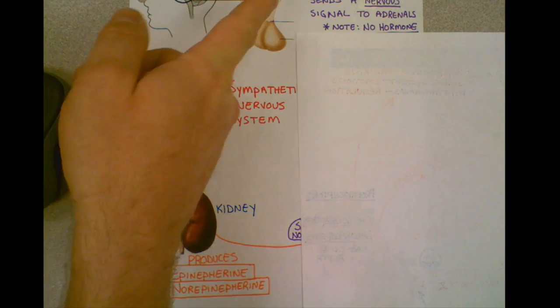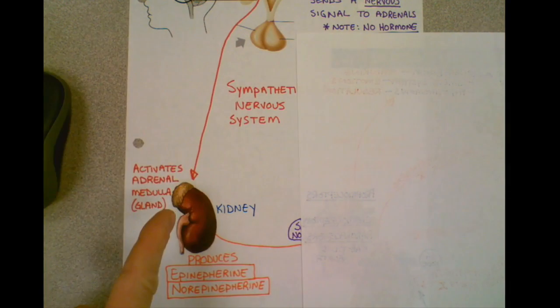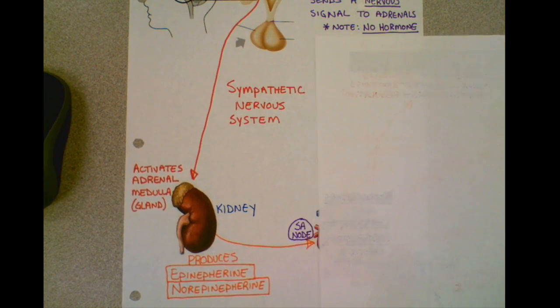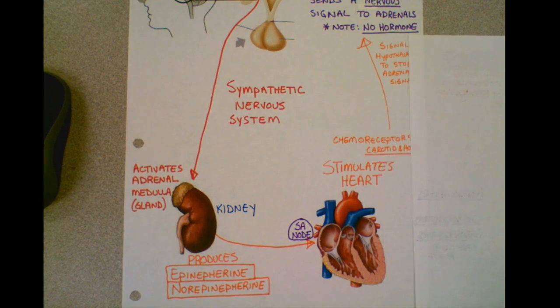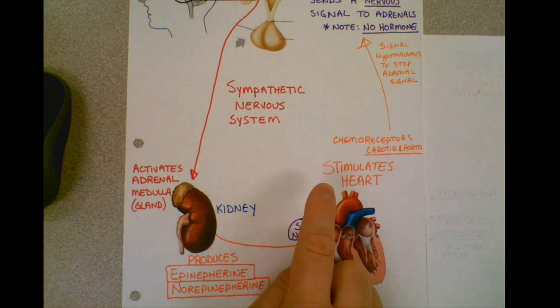So we get a nerve signal coming down to our adrenal glands. That tells the adrenal glands to produce epinephrine and norepinephrine. Epinephrine and norepinephrine is collectively called adrenaline. Now, what does adrenaline do? Well, it stimulates your SA node to cause those action potentials to speed up. So the heart speeds up, stimulates our heart.